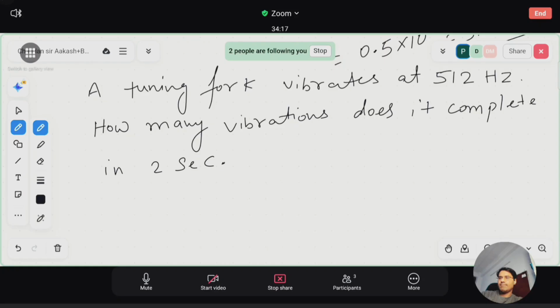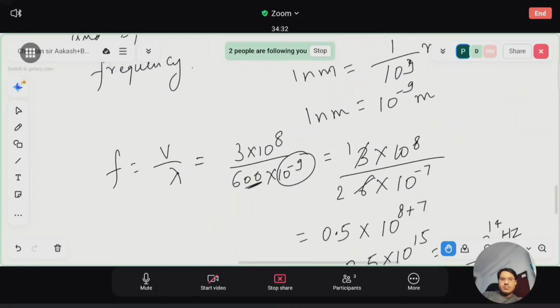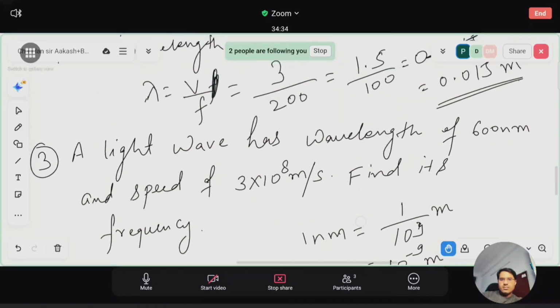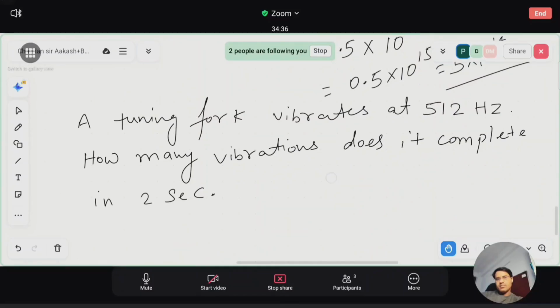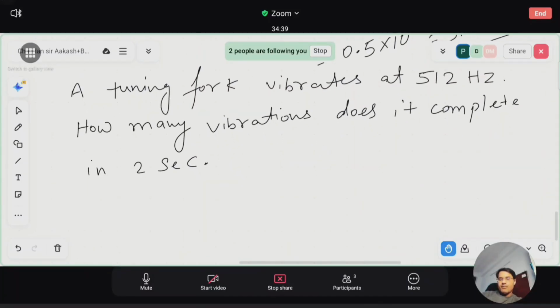Have you written the definition? It's the number of waves a source produces in 1 second. Very good. So number of waves it produces in 1 second, that is 512 hertz.